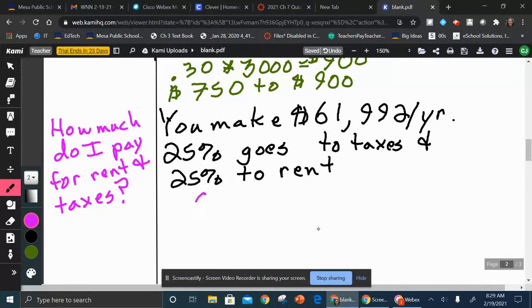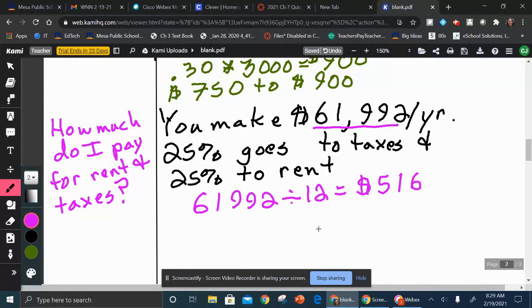Okay, so we're going to take the income amount divided by 12, because we're breaking it down for the month. So you're making $5,166 a month. Times, we're going to do the taxes, 25%.